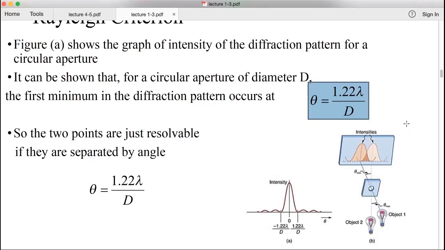These two objects are just resolvable if the first minima of one object directly coincides with the maxima of the other object. And numerically, the angle between these two objects, theta, is 1.22 lambda over d.